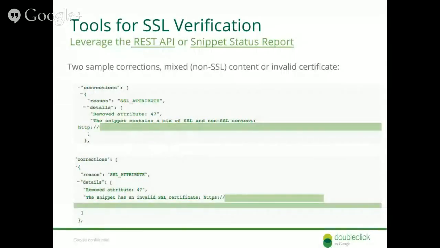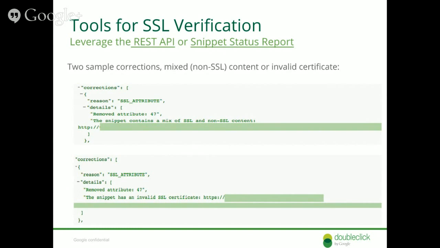Okay, so for the REST API and snippet status report, these are just a couple sample corrections that you can see for a couple different SSL related issues here. So the first one is for mixed content. So basically, there's a mix of SSL and non-SSL content within the snippet, which caused the overall creative to be non-SSL, and resulting in it being filtered out of the auction for that impression.